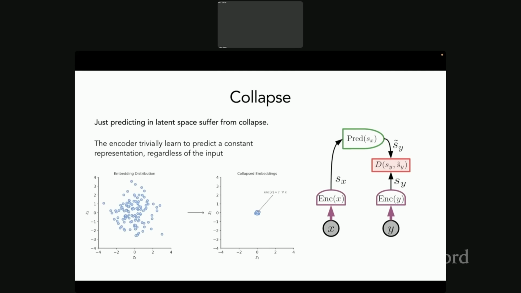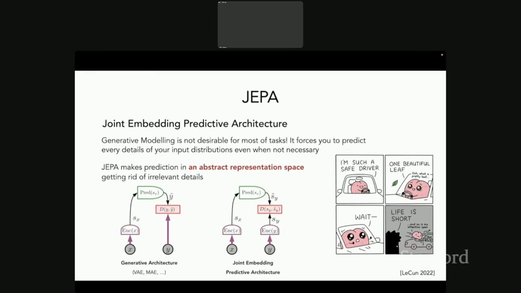Just before that, I would like to talk about a big problem. As Hazel said, JEPA aims to learn representations in an abstract space. It's directly in opposition to generative modeling, where what we try to do is model your input space. Basically, you learn a representation of your input space and do things in your input space.